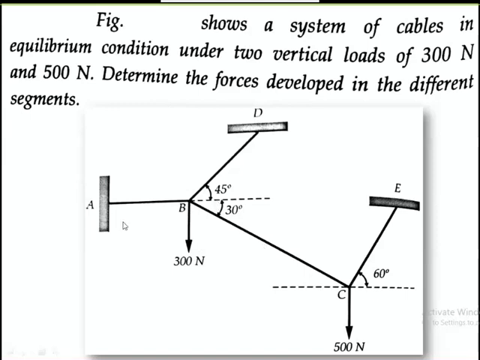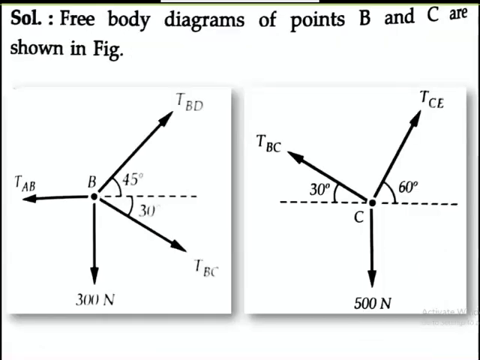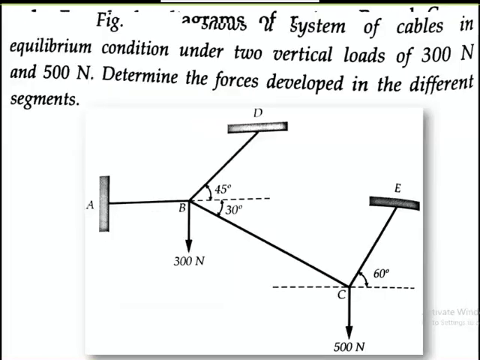Similarly, if I consider the joint C, the members at this joint are CE and CB, and also 500 Newton is acting downwards. So we have to draw the free body diagrams at points B and C, as shown in the figure. You can see here, since it is a string, when you are drawing the tension arrow, it should always be away from your joint.